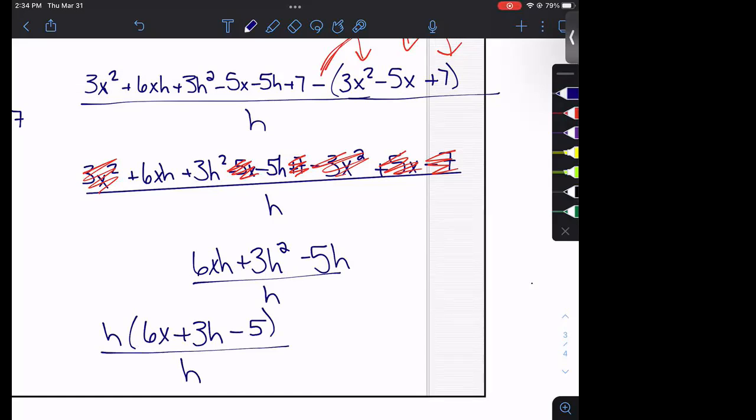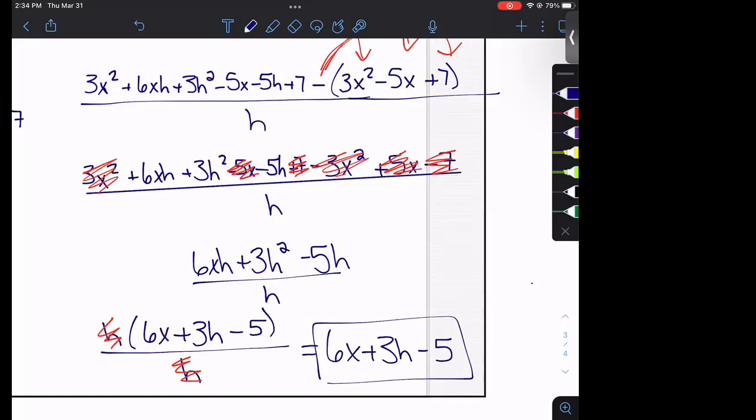And just like the last example here, we have multiplication with this h, division with this h. We can cancel those two out to get our final answer of 6x plus 3h minus 5. So our difference quotient for that problem there is 6x plus 3h minus 5.